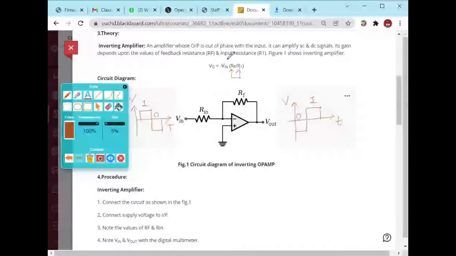So here the gain depends upon the value of RF and R1. What is gain? Output divided by input is your gain. So you have to calculate the output. This is the formula: Vout is equal to negative of Vin into RF divided by R1.